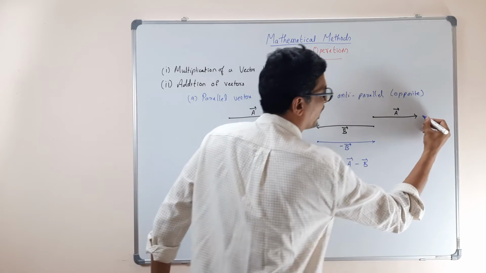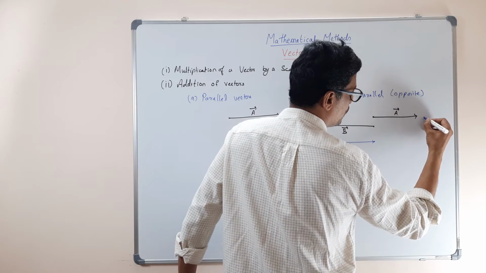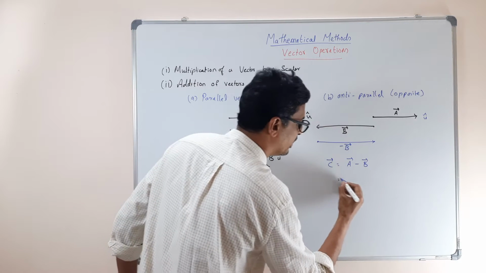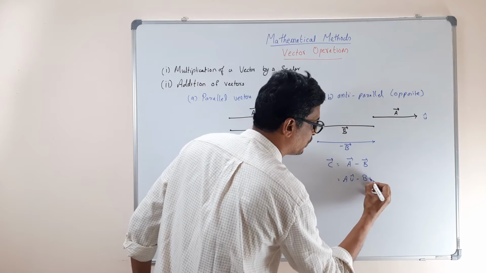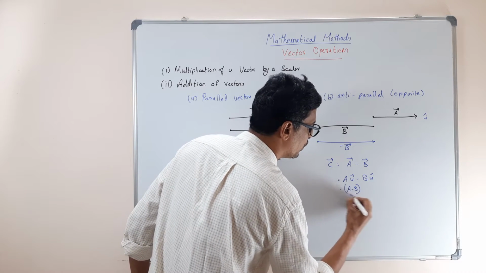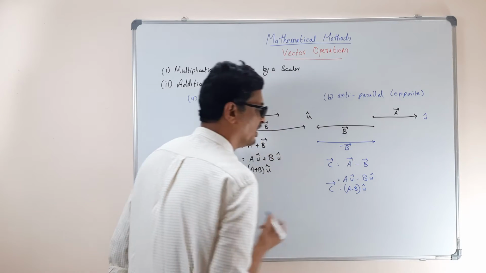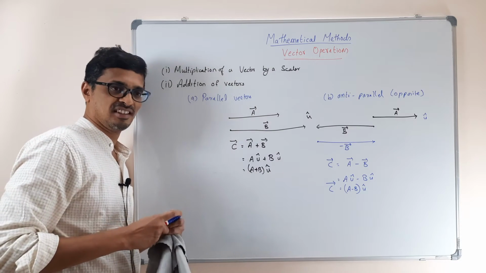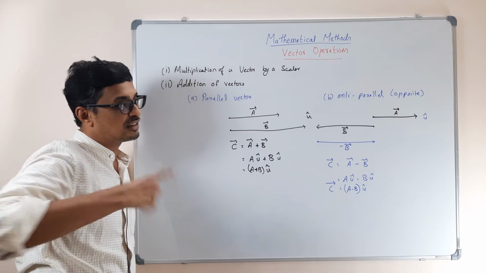Now if you define this direction as u, what will it be? Tell me. C will be equal to A u cap minus B u cap, so this will be (A minus B) u cap. Now you tell me, what is the direction of your C vector? Will the direction of C vector be the direction of A?